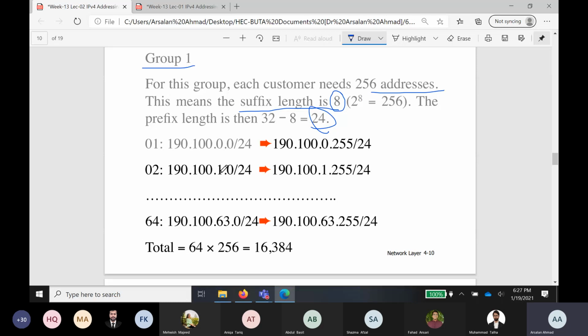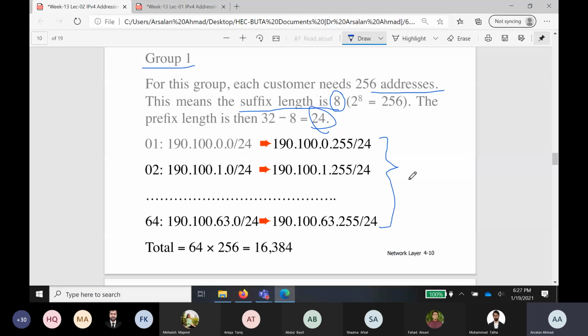Now you will have to make a change in the third byte. So .1.0 up until .1.255, and then the third customer .2.0, and then the 64th customer .63.0, because 0 is included for the first customer. So .63.0 up until .63.255. This is how we will assign addresses to all the customers in group 1.